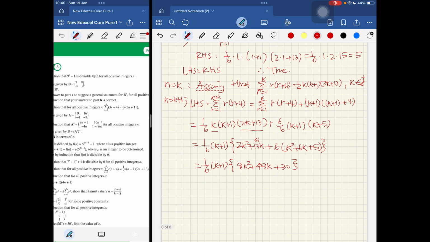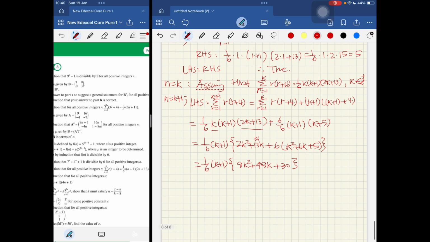No, I made a mistake, because k plus 1 is not there. So here is just k plus 5. So 2k squared plus 19k plus 30, which factors into (k plus 2)(2k plus 15).